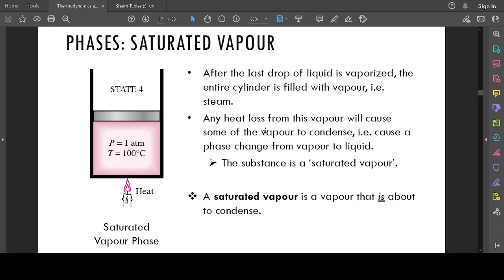When the heat is continually added at the same temperature and pressure condition, all the saturated liquid will be vaporized, and all we will have now is a saturated vapor. That saturated vapor is the opposite of saturated liquid, which is a vapor that is about to condense.